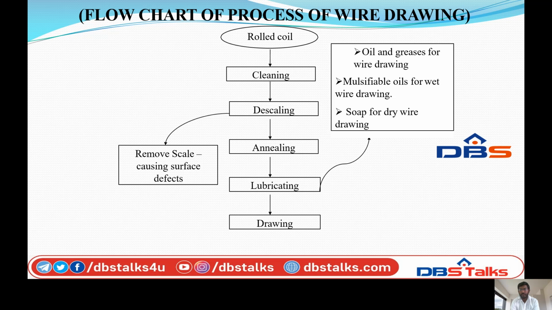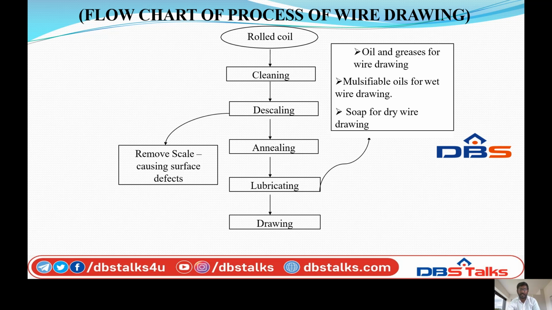This will be removed, and finally a good surface finish is obtained. So descaling completes the processing, removing the surface defects, and the good product then goes to the annealing process.